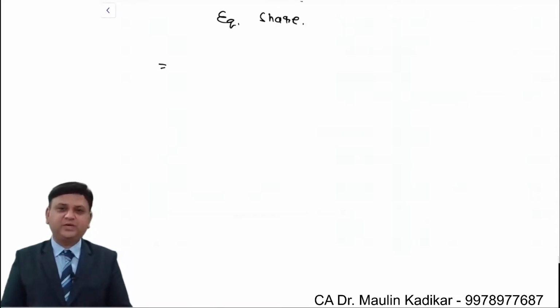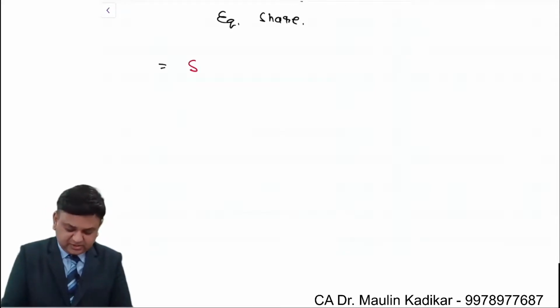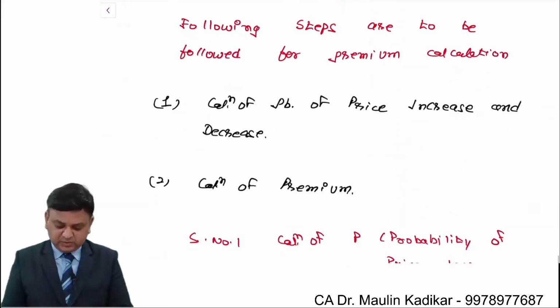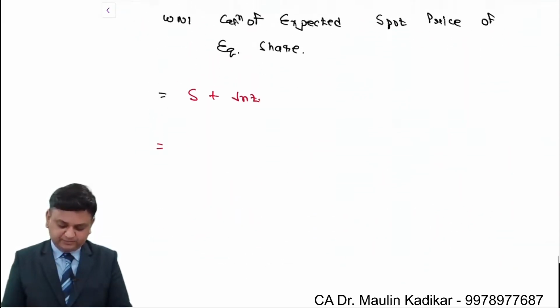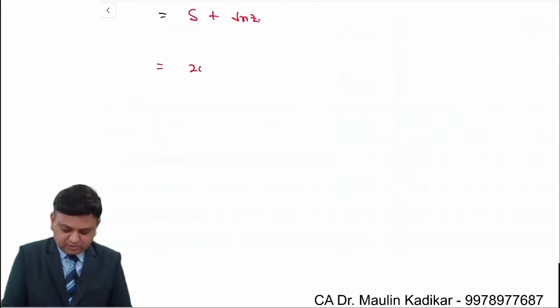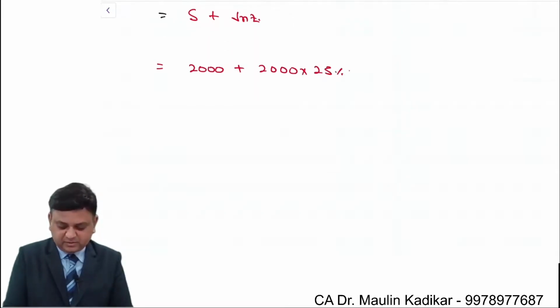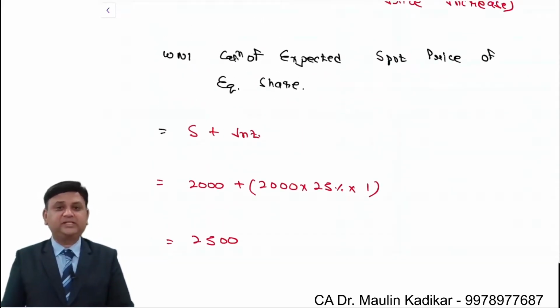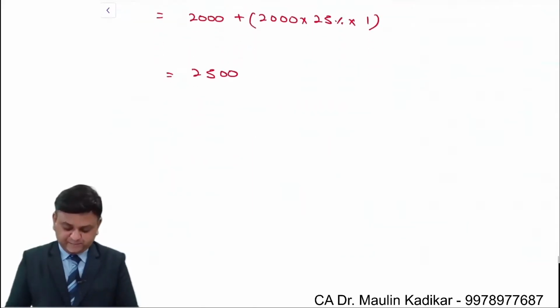It is similar to what we compute as a forward price, that is, spot plus interest. The spot price of the security is 2000 plus 2000 into 25% for 1 year. So it is 2500. That is working number 1, the expected spot price of the equity share.